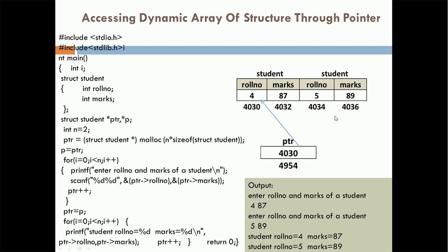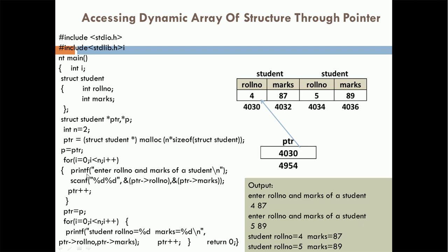We have written p equals ptr here, so we save the value of ptr in the variable p. This p will be used later on in this program. Now we will use ptr to traverse through the array of structure.